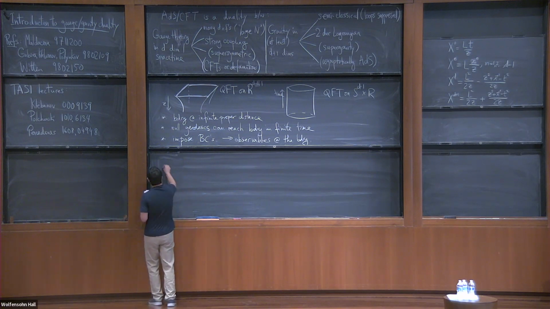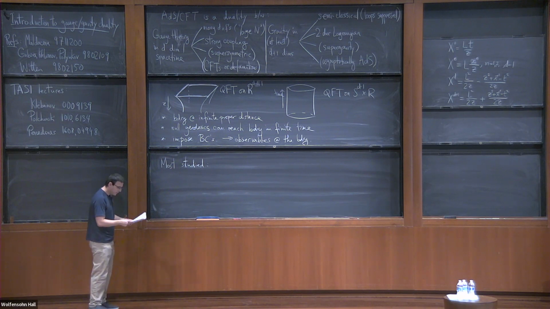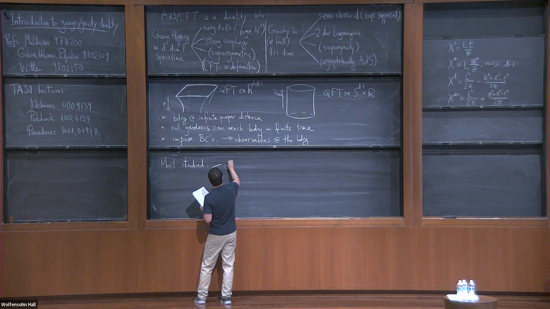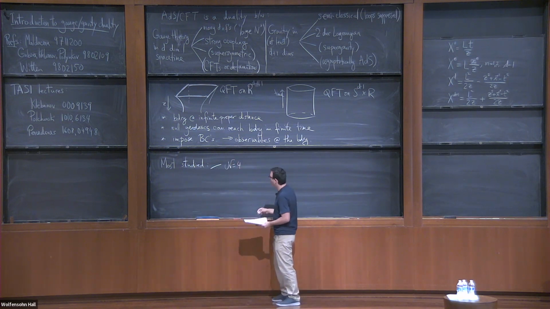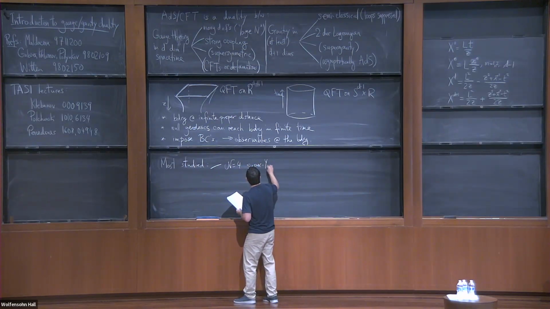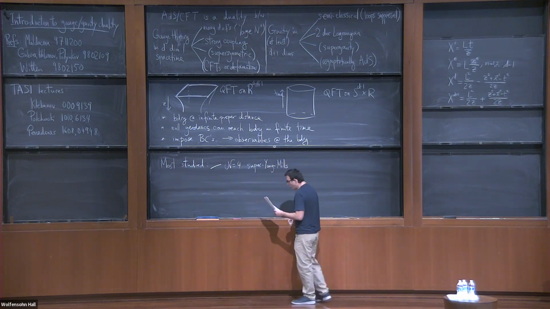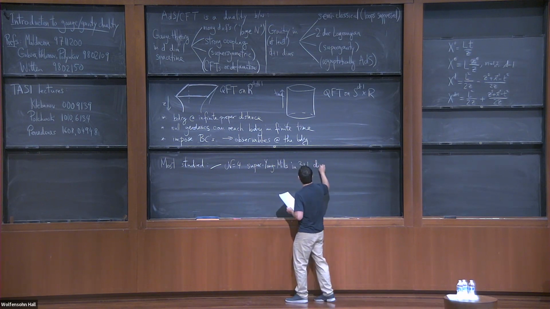So a most studied example of gauge gravity duality is a duality where on the gauge theory side, we have gauge theory in 3+1 dimensions called N=4 super Yang-Mills, supersymmetric Yang-Mills theory. I'll say more about it later.